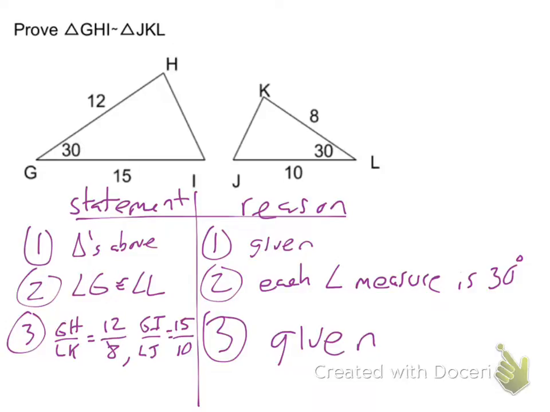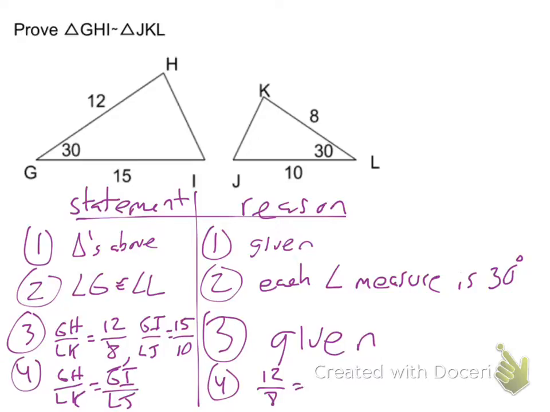And so, 4, could I now say that, wait a minute, GH to LK is equal to GI to LJ? The reason? 12/8 equals, what's that reduced to? 3 halves? Which is the same as 15 over 10?